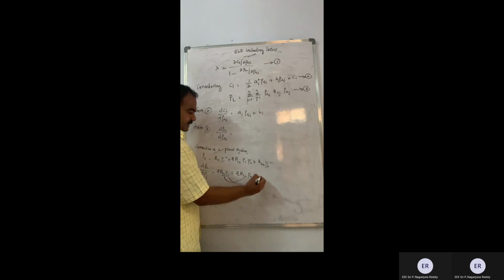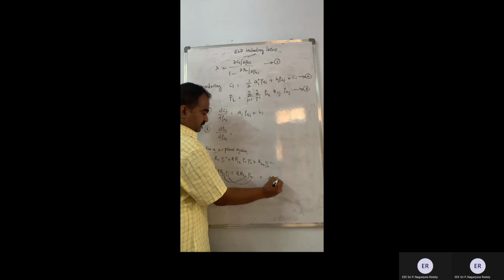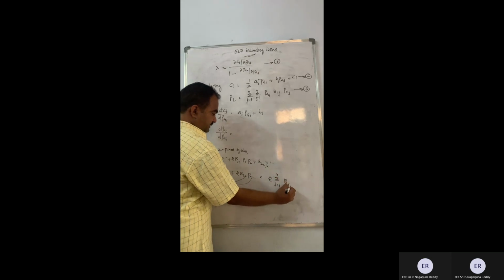Now, applying the same, if you want a generalized expression for this, I am going to get a 2, and 1 represents the index i, whereas this one is varying. So, can I write it as 2 into sigma j equal to 1 to n, Bij Pj?